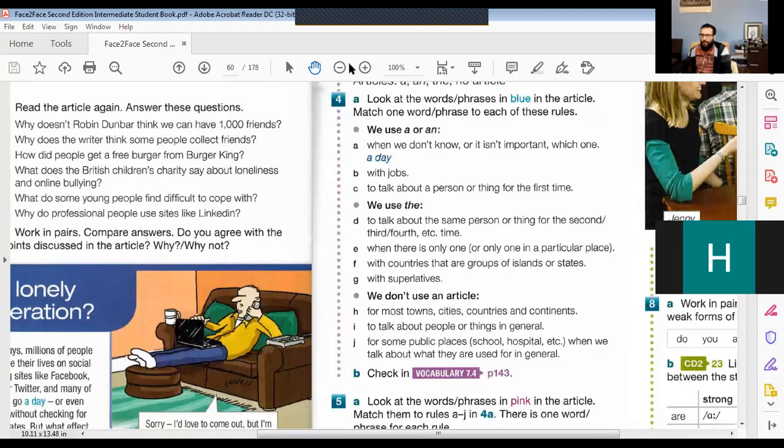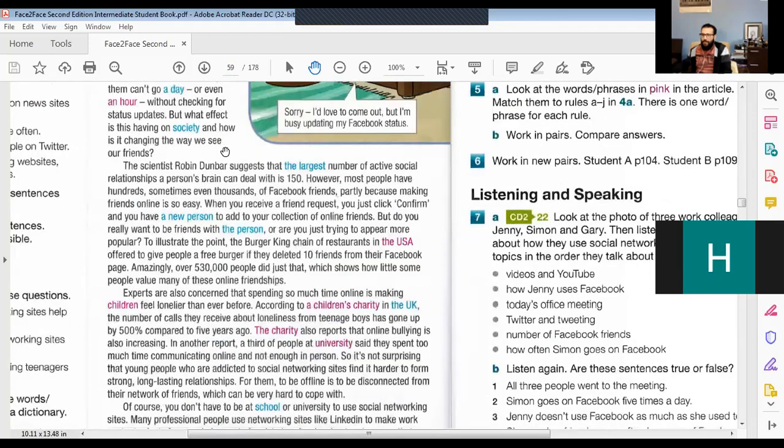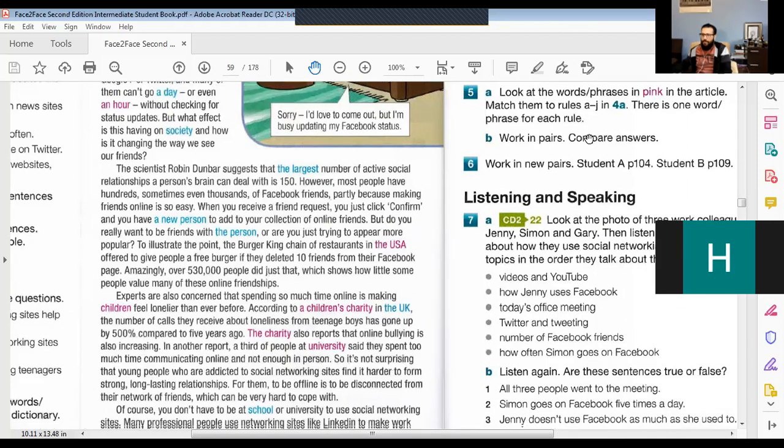So these are the 2 other situations where we use a and an. We can use it when we're talking about jobs or to talk about a person or a thing for the first time. So this means let's look in the article for a blue word that has a or an, that's talking about a job, or that's talking about something mentioned for the first time.